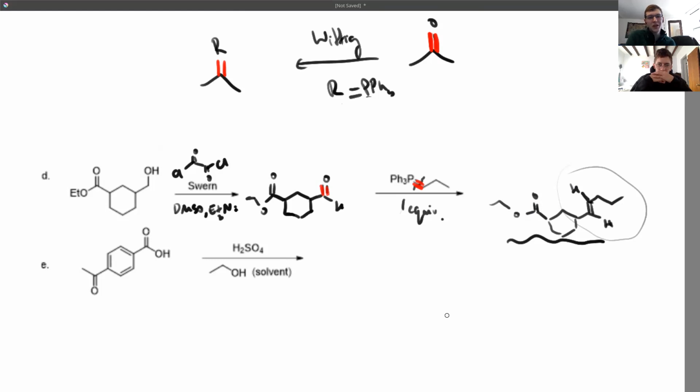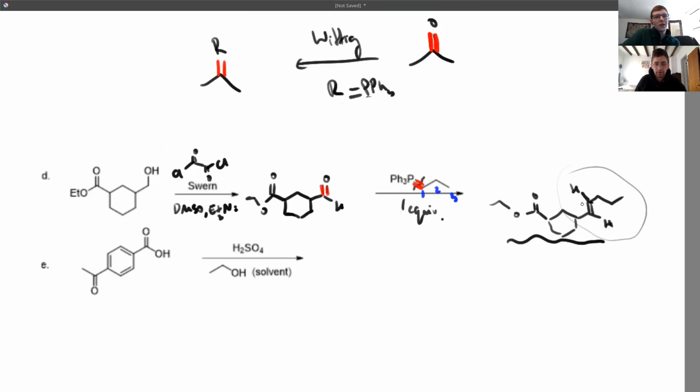The Wittig reaction is really nice. It's clean. It gives you a nice product right away. Okay, let me see. So we're going to use the oldest trick in the book here and just count. Our Wittig reagent had 3 carbons in it.